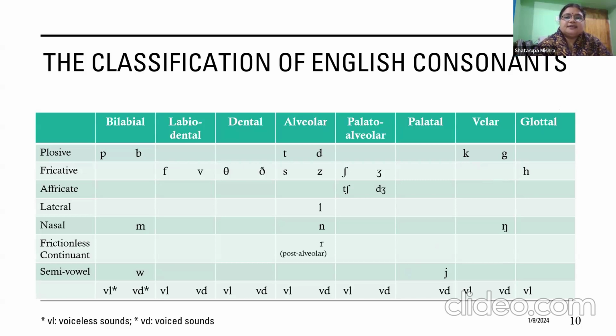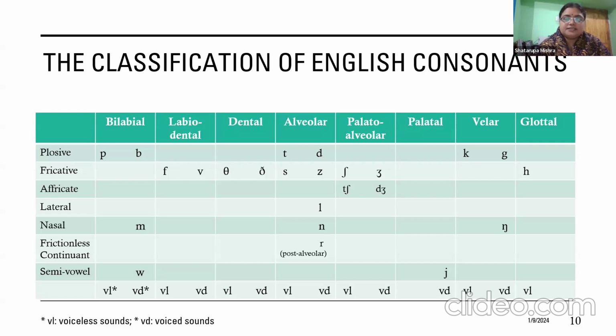S, ch. All these are voiceless sounds. And of course, you will not be able to hear it because they are voiceless. All right. So when we combine them with other vowels, then we are able to know the total word. Okay, but these are voiceless.